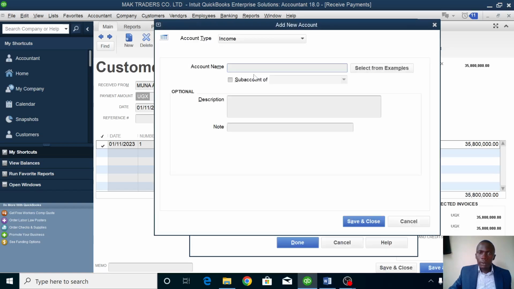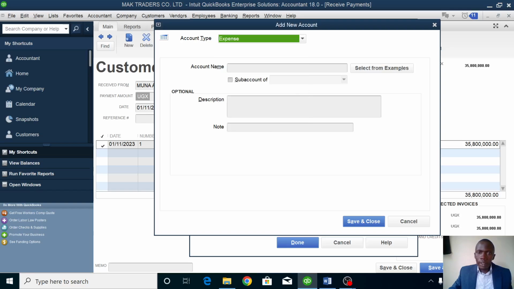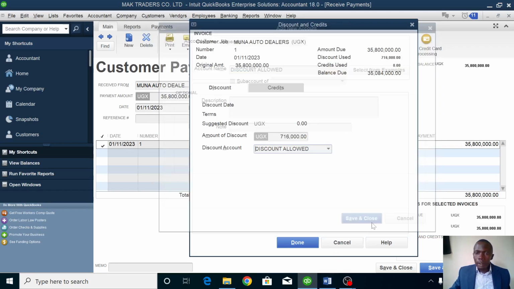We add new. It is under expenses. This discount allowed is under expenses. So put it here. Call it discount allowed. Discount allowed. So we save and close.